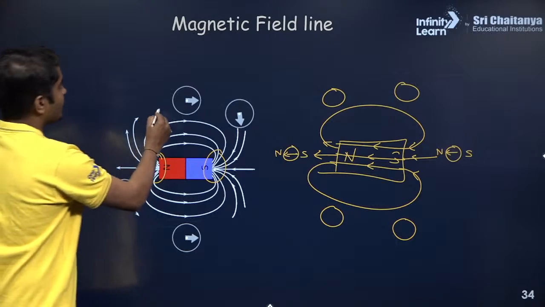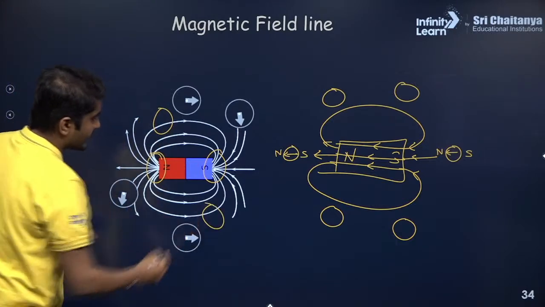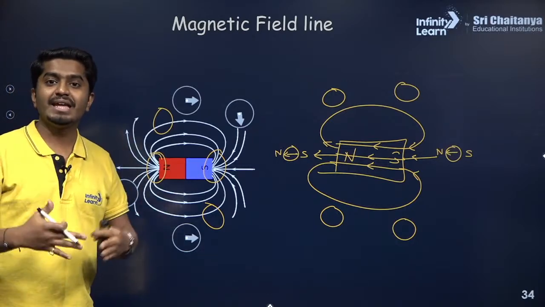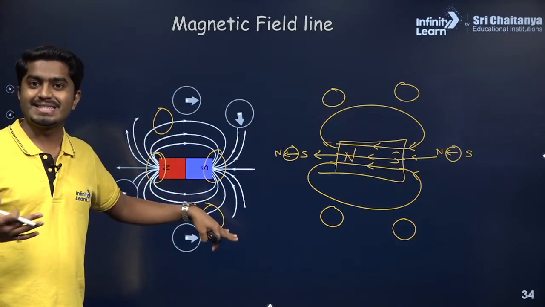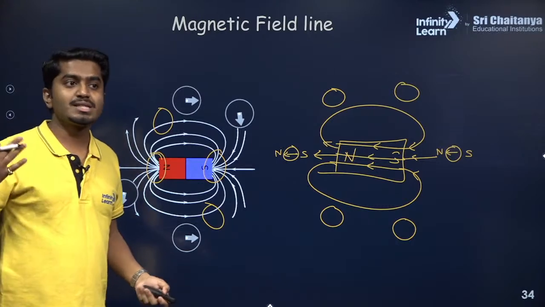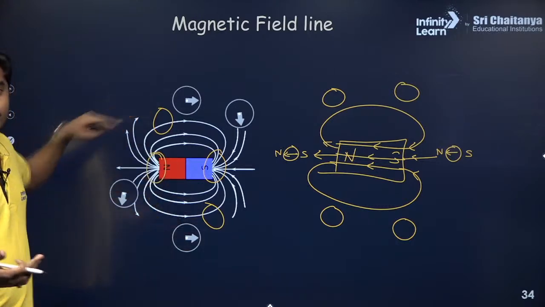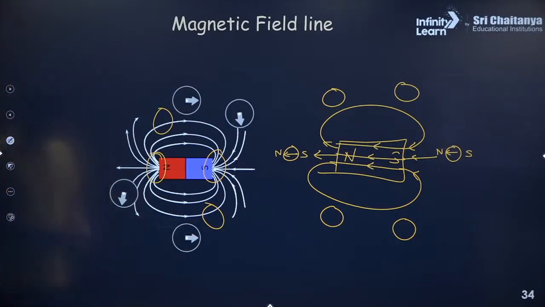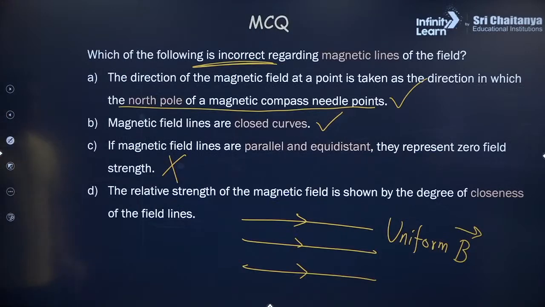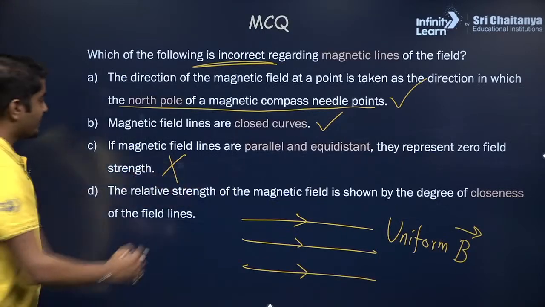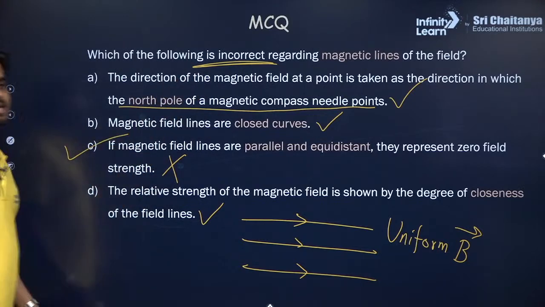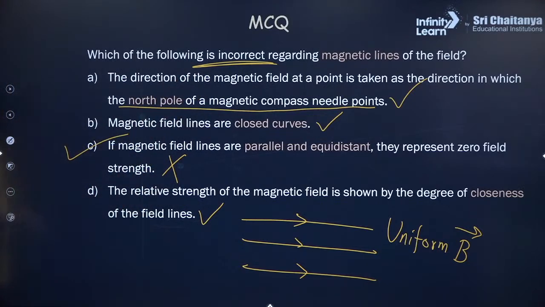But away from the pole, the field lines are not that dense. So magnetic field strength is lower away from the poles. So this last statement is correct. So the only incorrect statement is option number C. Clear?